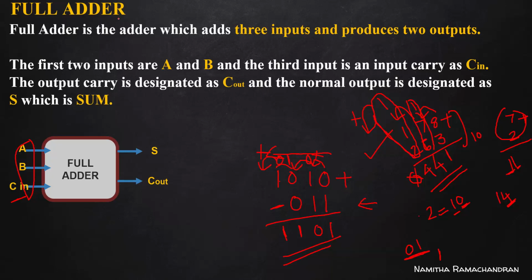Two inputs, along with the carry value coming from the previous level of addition. After the full adder operation, it will generate a sum value as well as a carry out value. It will be the carry in of our next level. Sometimes this carry out will be 0 and sometimes it will be 1. This will form the carry input of our next level of addition.